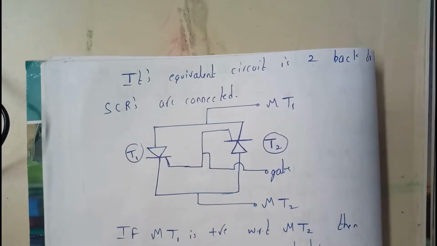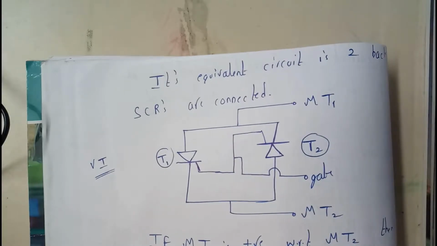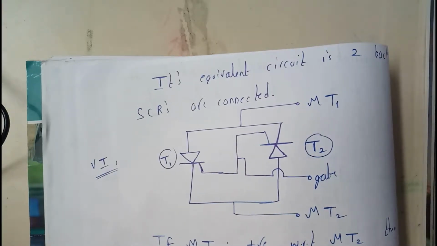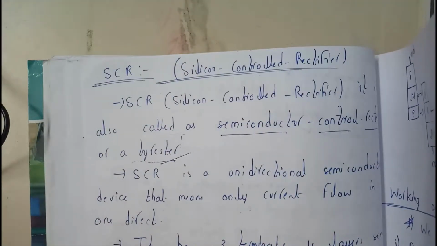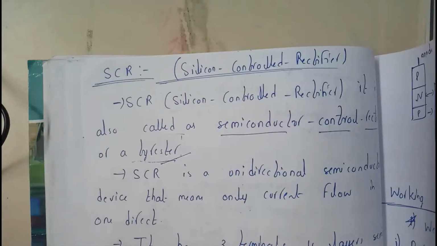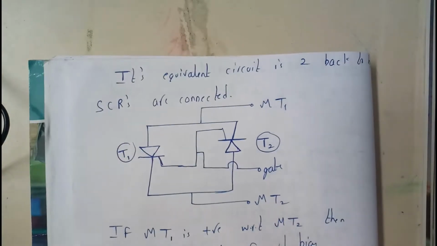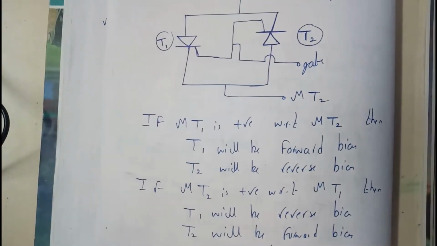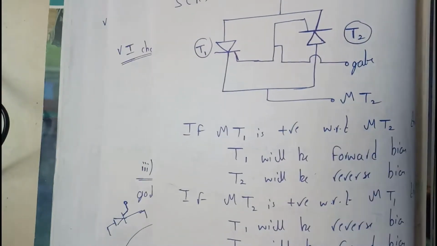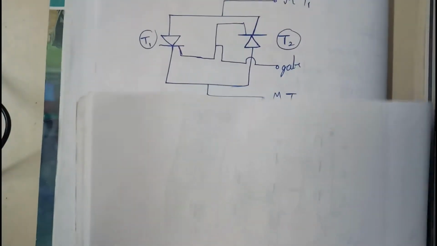You may ask me how did I draw this? Is that your doubt? Okay, let's do it right now guys. I hope everyone knows the circuit diagram of SCR. It is nothing but the connection of back-to-back, right? I'll first draw one in forward and the other in reverse.